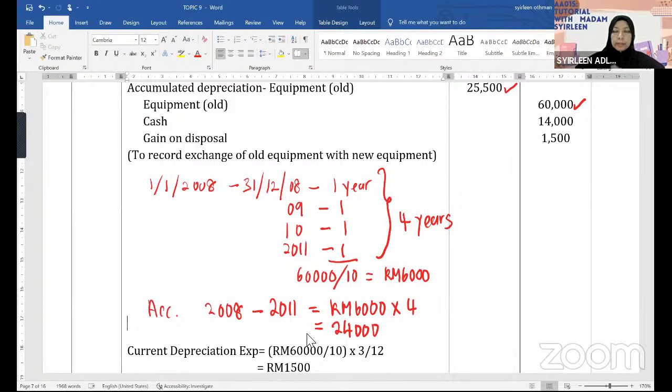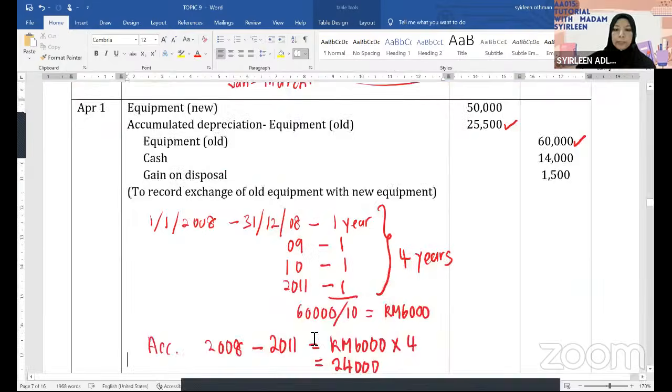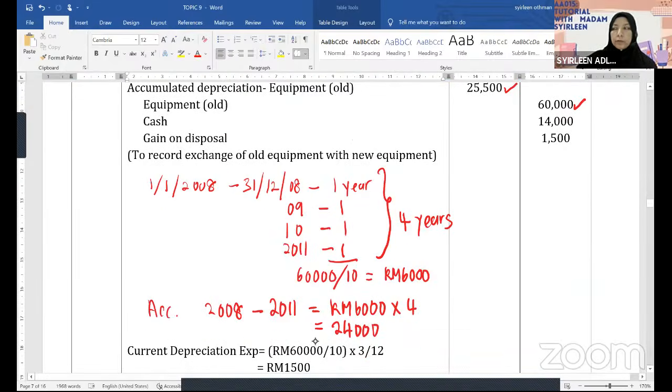And then, tahun sebelum you dispose, you catat another depreciation yang akan masuk dalam accumulated depreciation lah, which is 1,500. So that means to the date, iaitu pada tarikh disposal, my accumulated depreciation will be 24,000 plus 1,500. So this is for the past 4 years.